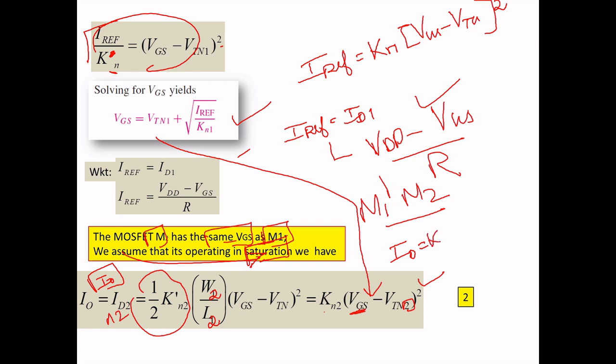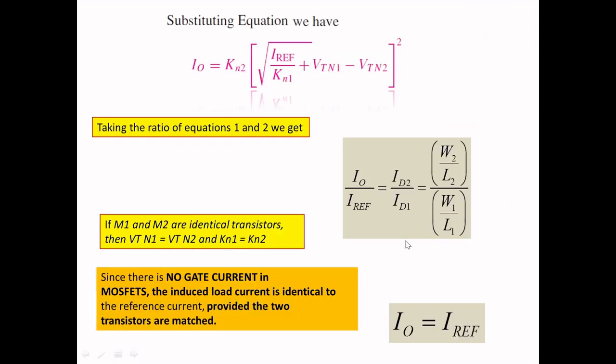I0 equal to Kn2 times, VTN1 plus square root of IREF divided by Kn1, minus VTN2, whole square. You can understand, right? This was written here.